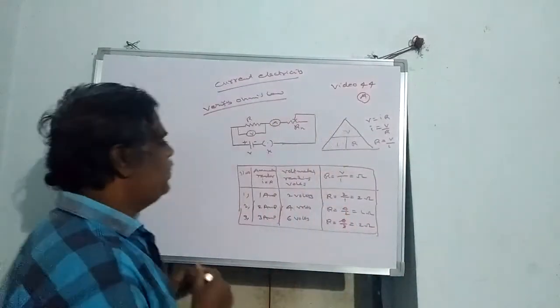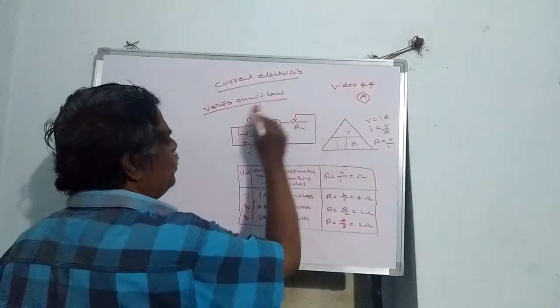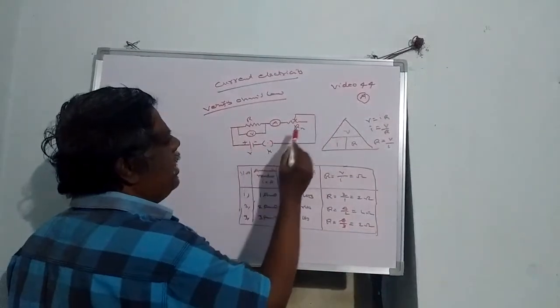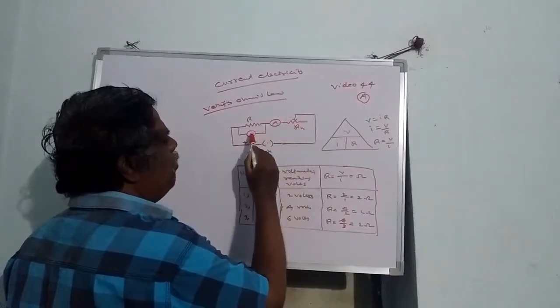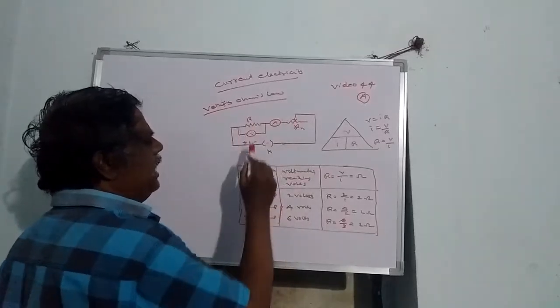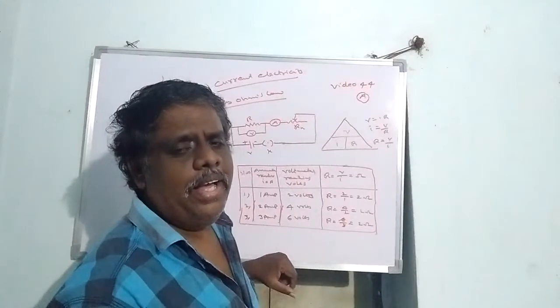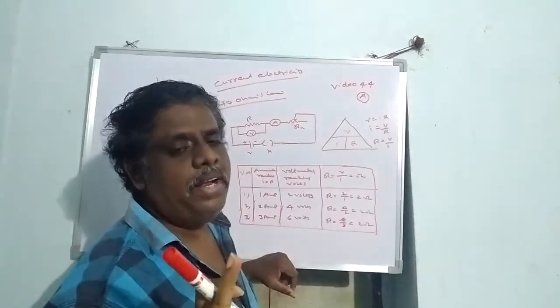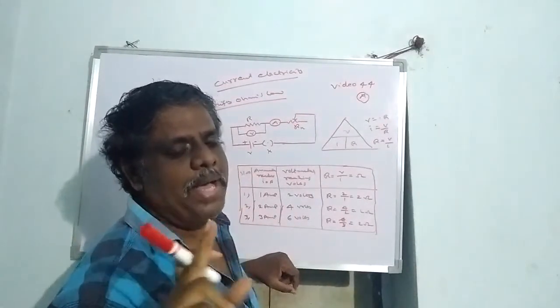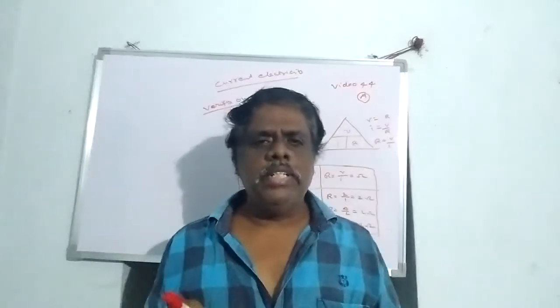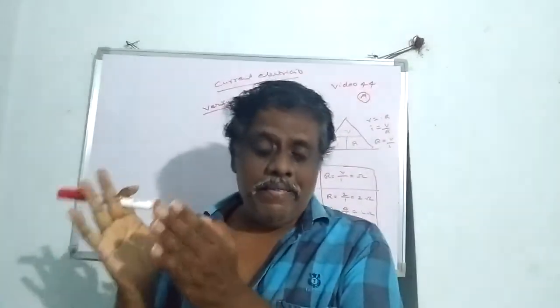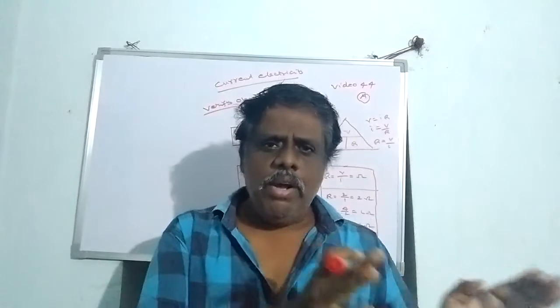These are the apparatus we have to take to conduct this experiment: cell, key, rheostat, ammeter, voltmeter and resistor. Except the voltmeter, all the remaining apparatus are connected in series, but the voltmeter should always be connected in parallel. In 2 marks questions they may ask about the differences between ammeter and voltmeter.